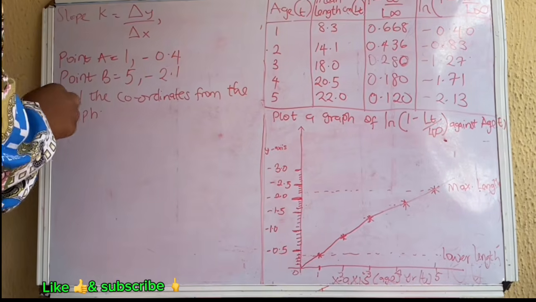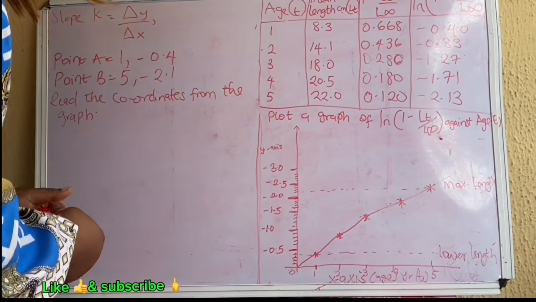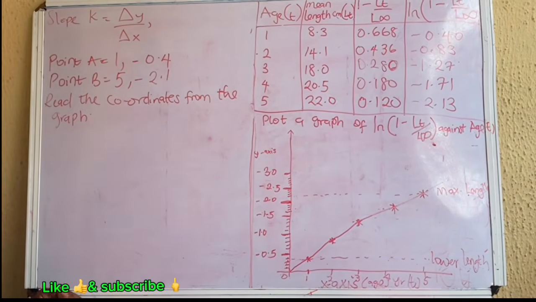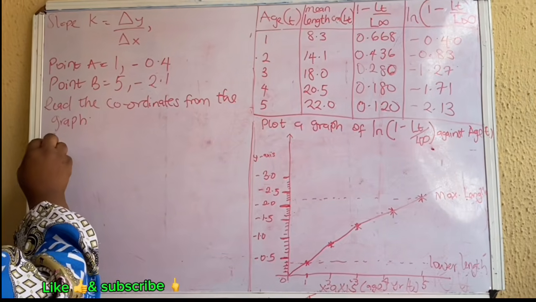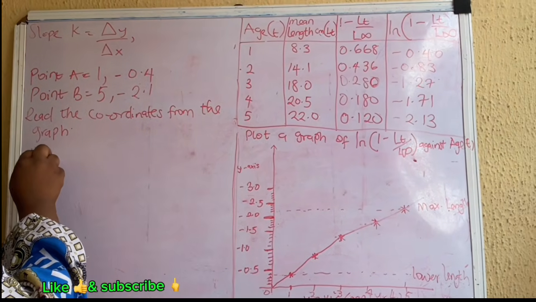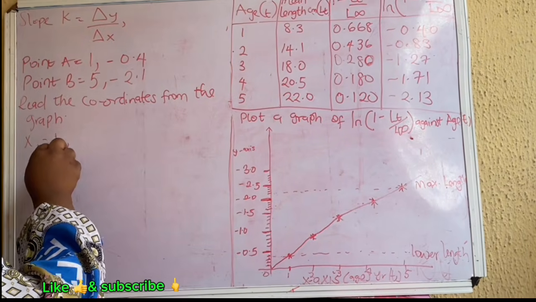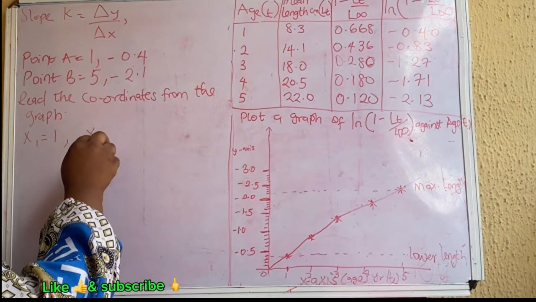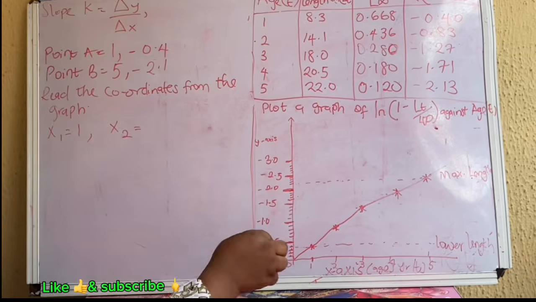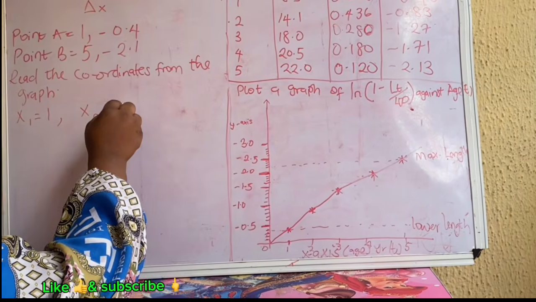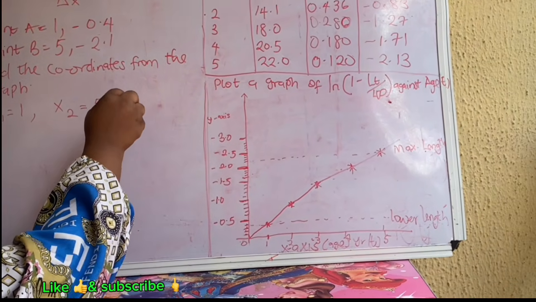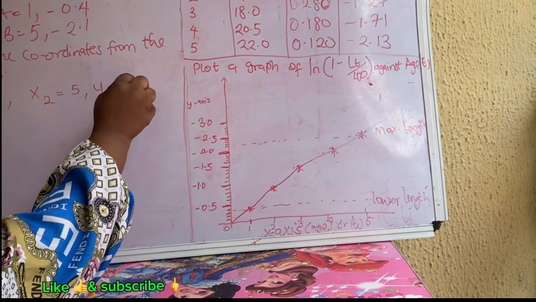So if you're to use the graph now to read the coordinates, your x1 is equal to this first one, which is 1. Your x2 is equal to 5. Then your y1 is equal to minus 0.4.